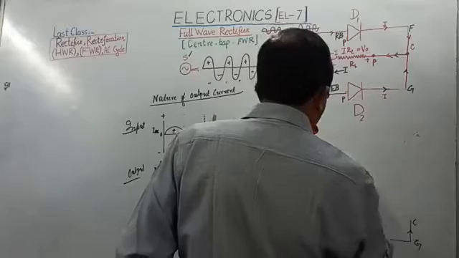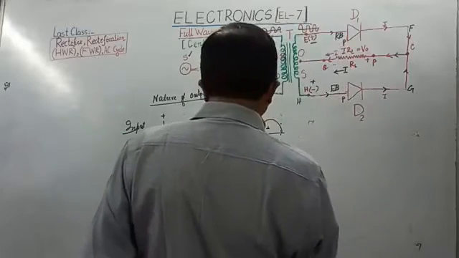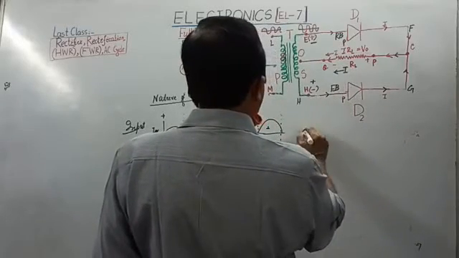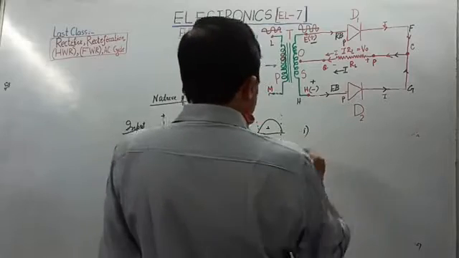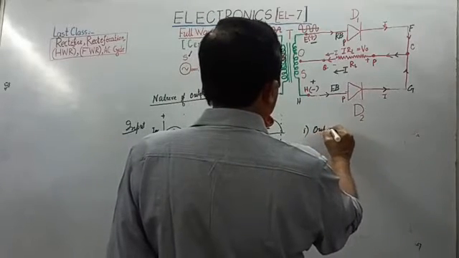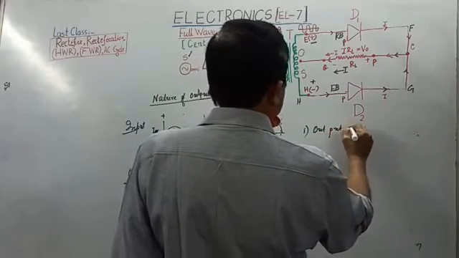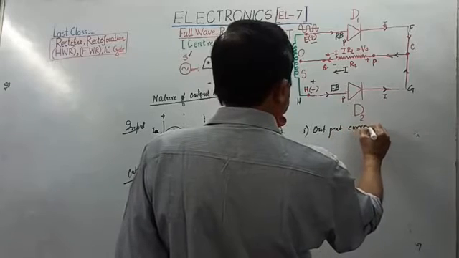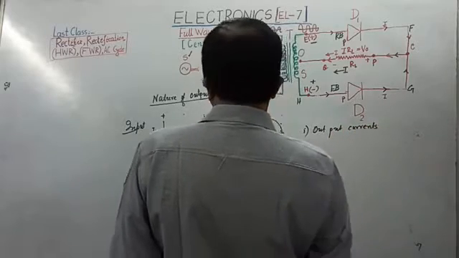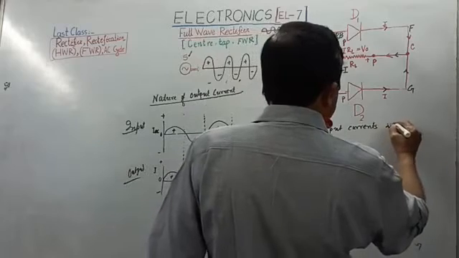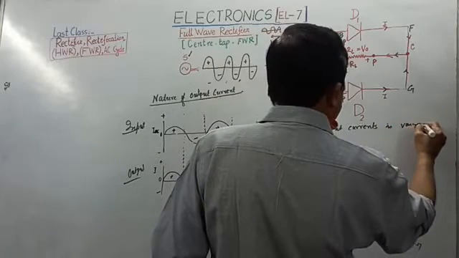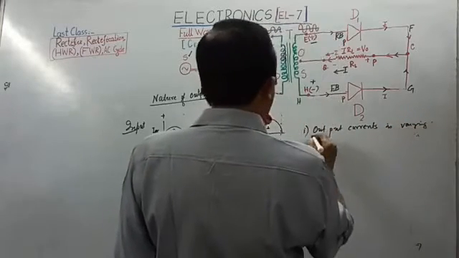So you see, number one, output current is a varying current.